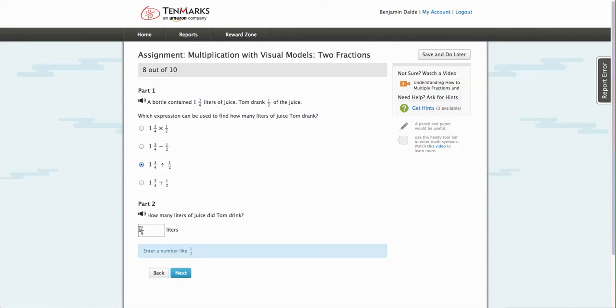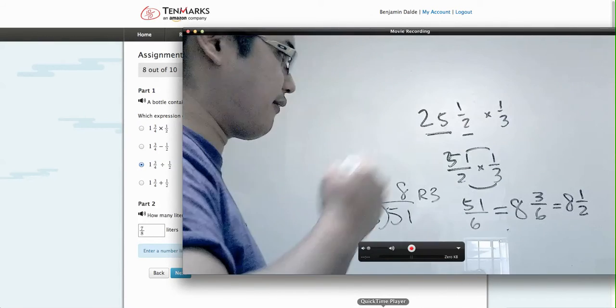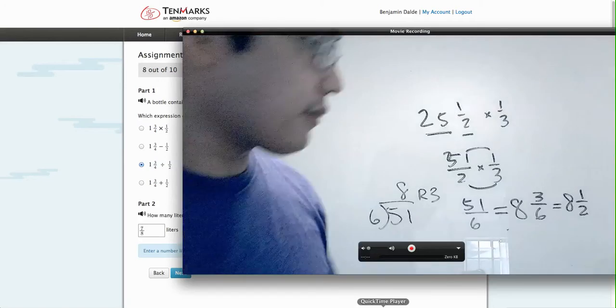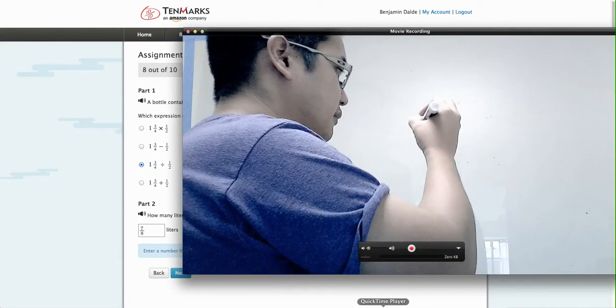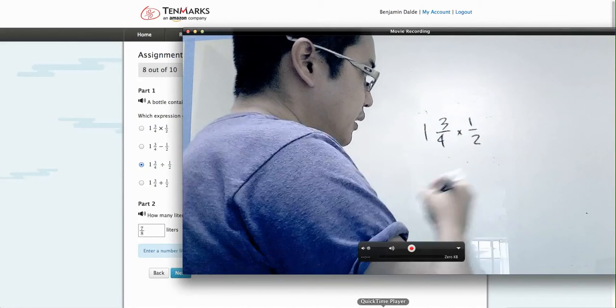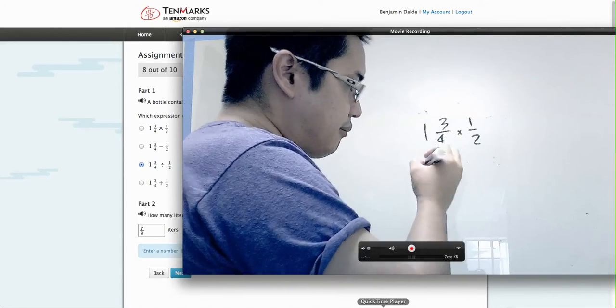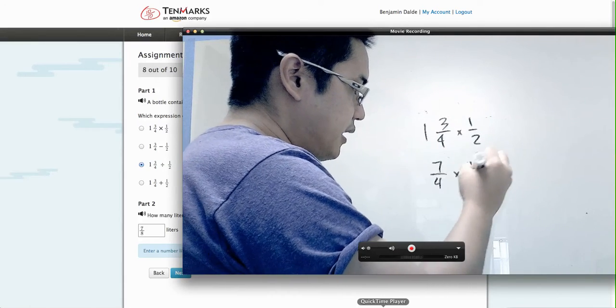Like if your answer is indeed 7/8, let me check to make sure that's correct. You have 1 3/4 times 1/2. I'm going to convert this to a proper fraction, so I have 7/4 times 1/2.